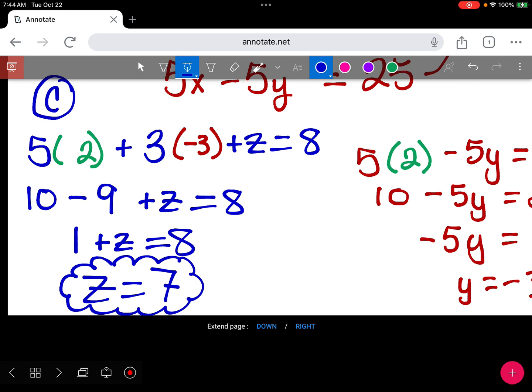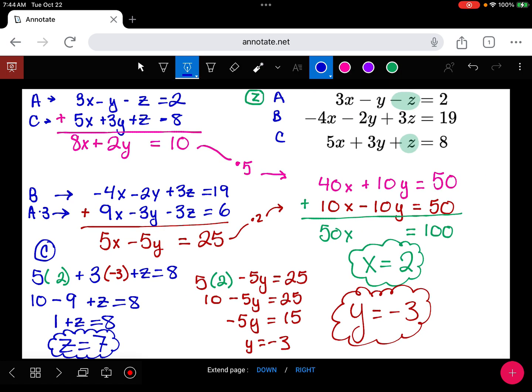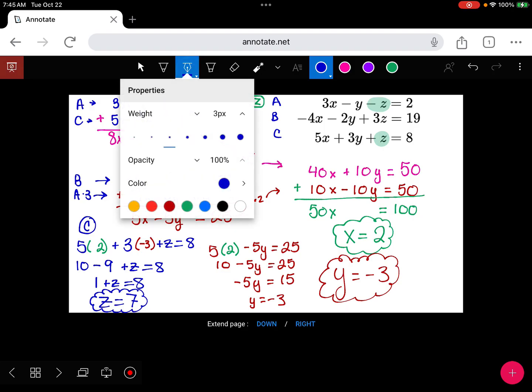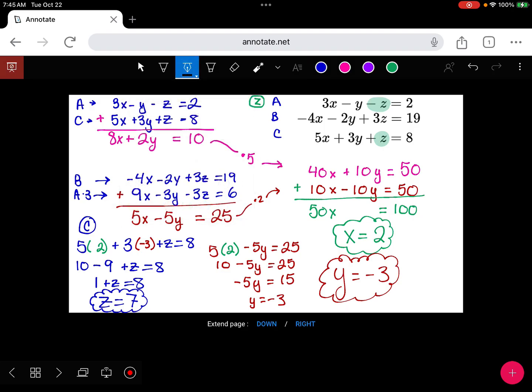So our solution, which I'm going to squish over here on the side, is the ordered triple 2, negative 3, 7, like this. And yes, I do want you to write it as an ordered triple in the parentheses.